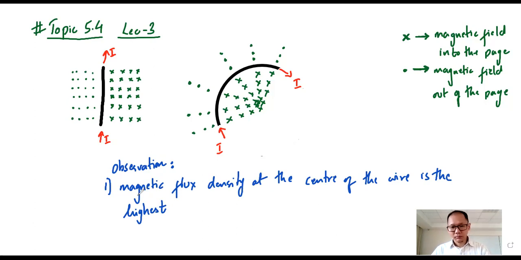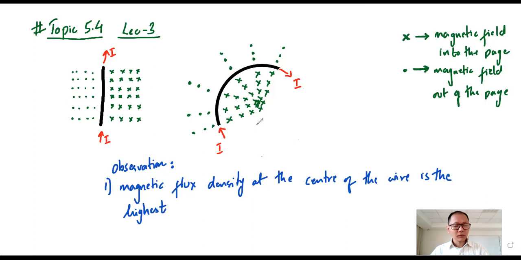Takeaway point, let me restate again: when the straight wire is bent, the magnetic flux tends to add up at the center of the circular wire. It's maximum at the center. And the formula is a little bit different for the circular wire.